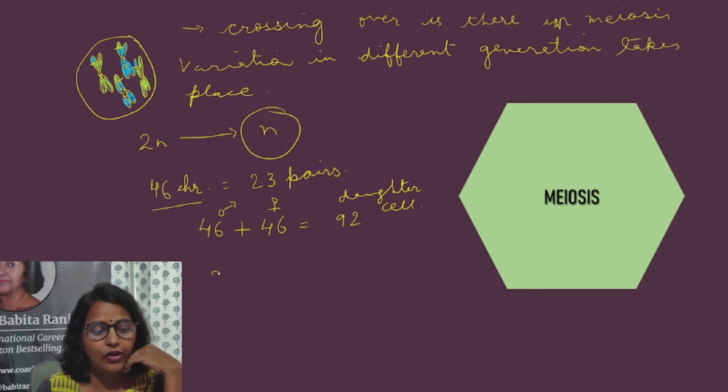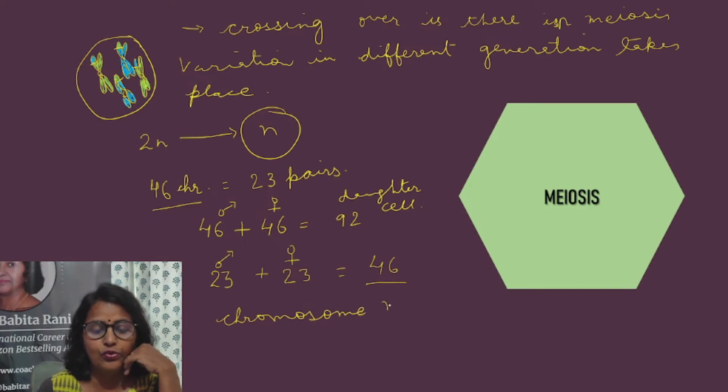Now let us see what will happen if it is reduced to half. From male we will get 23 and from female we will get 23, and that will again result in 46 chromosomes. So the chromosome number is maintained if it is reduced to half.